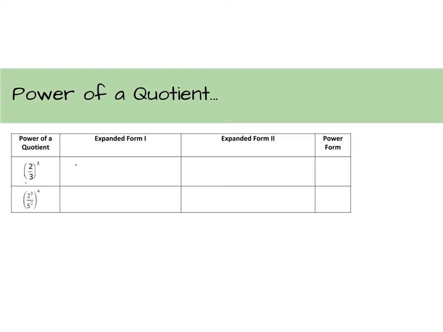So that will be 2/3 multiplied by 2/3 multiplied by 2/3, which gives us 2 multiplied by 2 multiplied by 2 all over 3 multiplied by 3 multiplied by 3. And that gives us a power form of 2 cubed over 3 cubed.